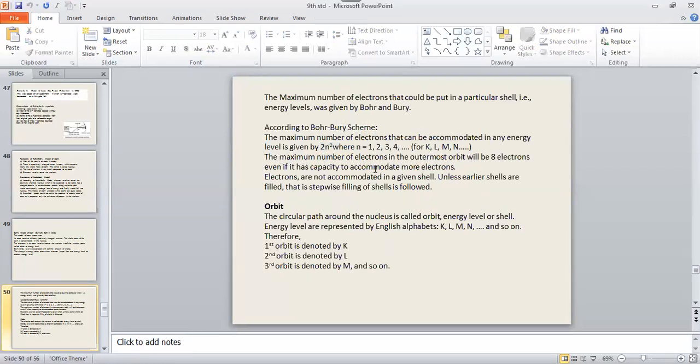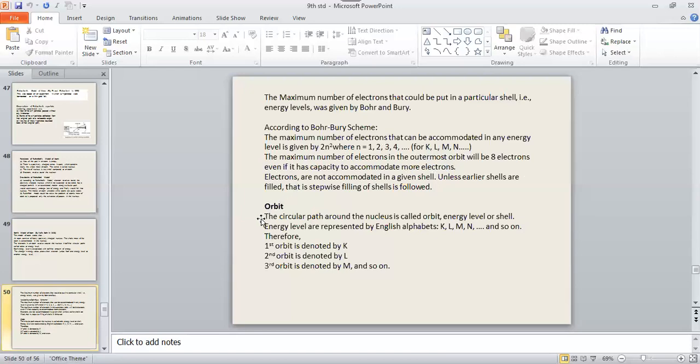The maximum number of electrons in the outermost orbit will be 8 electrons, even if it has the capacity to accommodate more electrons. That is called an octet. Electrons are not accommodated in a given shell unless the earlier shells are filled; the stepwise filling of shells is followed. This is given by Bohr.